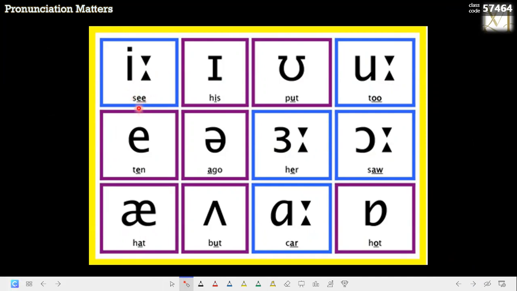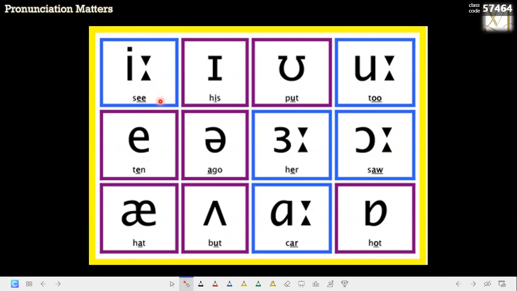Here we have the verb see, spelling S-double-E, and it is pronounced /si:/. And the transcription here shows that this is a long vowel.